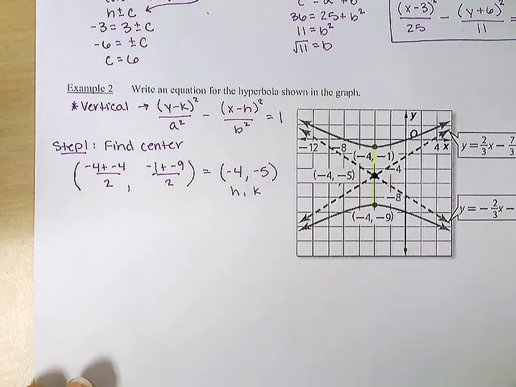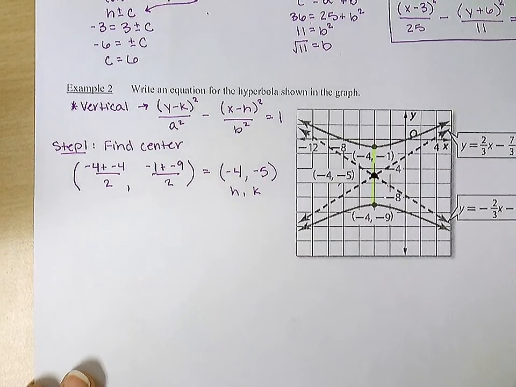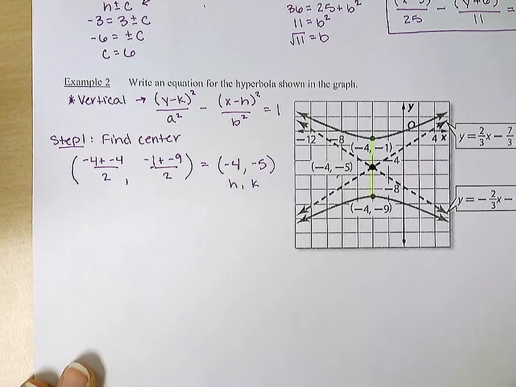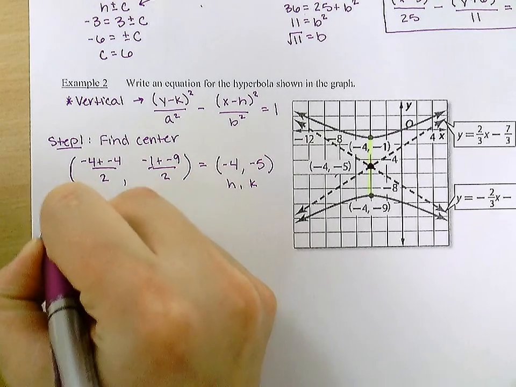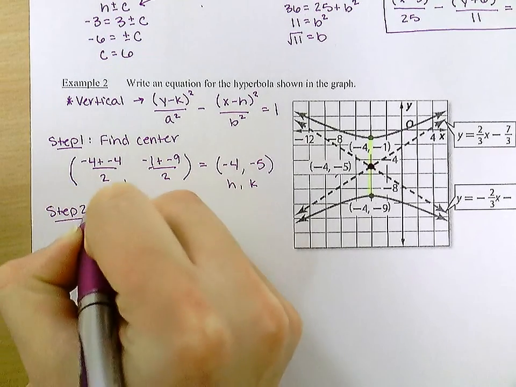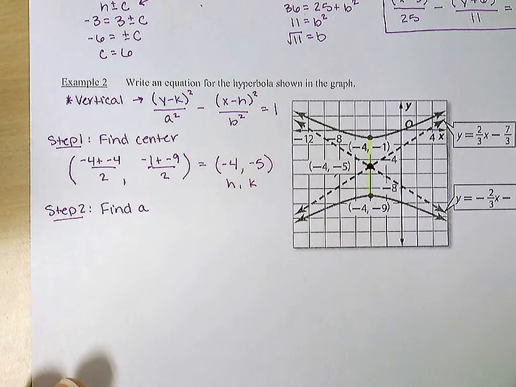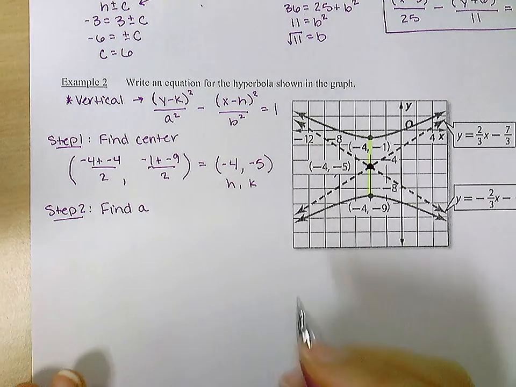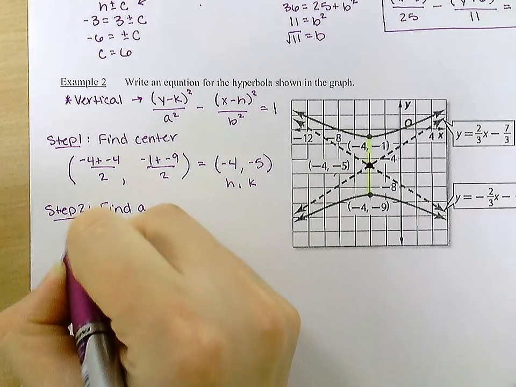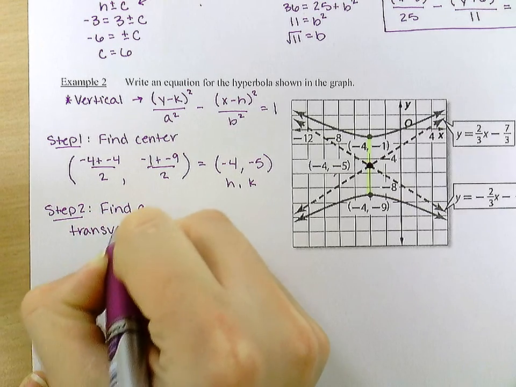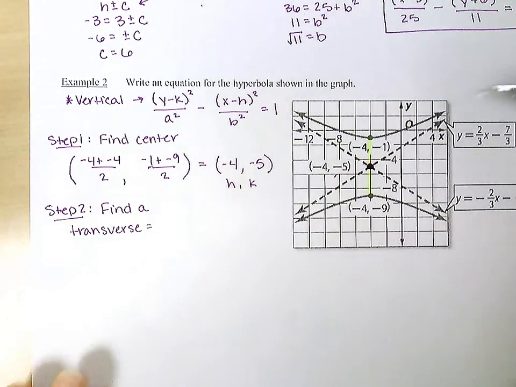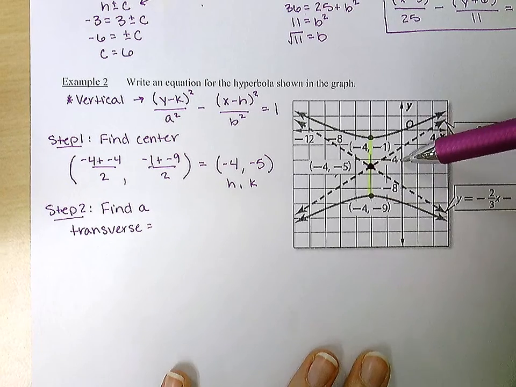Next, I want to solve for a. Since I have the transverse axis, I can find a. So our transverse axis, we'll have to count here.